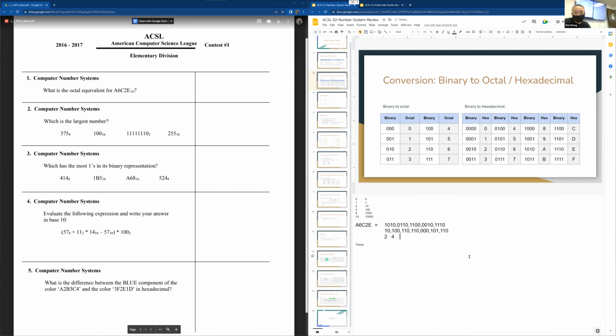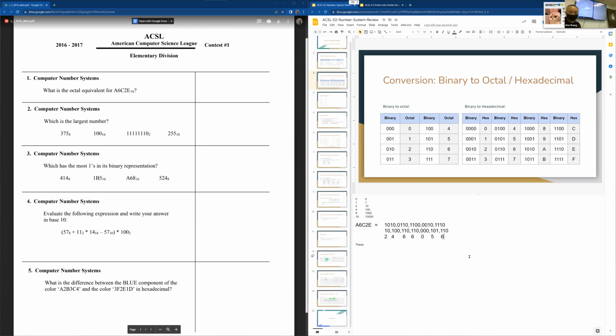And the next one is 110 is 6, and the next one 110 again is 6, and 000 is 0, and the next one 101 is 5, and the next one 110 is 6, right? There is our octal number, 2466056, right? So that's how you do hexadecimal to octal conversion.